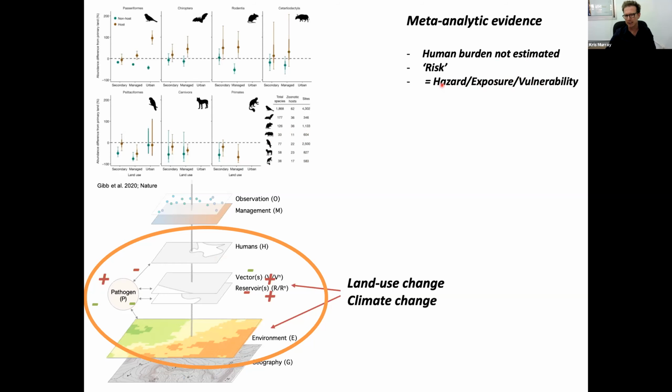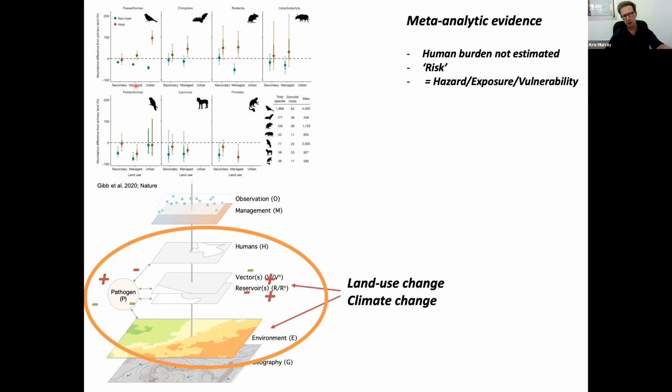If we think about hazard, it might just be the presence of a zoonotic reservoir host in this landscape. So this study by Rory Gibb et al. came out last year, a really fantastic study. Through this huge global meta-analysis, it shows that in natural landscapes you tend to have a limited difference between the abundance of zoonotic reservoir hosts and non-hosts.